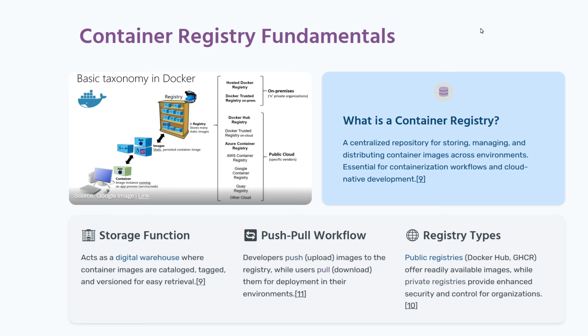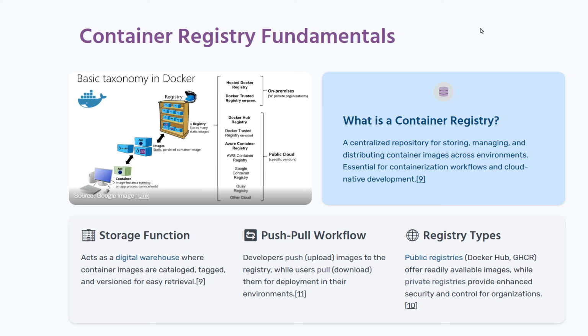Push pull workflow: developers push, uploading images to the registry, while users pull, downloading for deployment in their environment. So developers get the container images ready and then upload them into the repository. When users need a particular image, they pull it for deployment in their environment, whatever environment you have, your cloud environment, so you can download them into that, right?